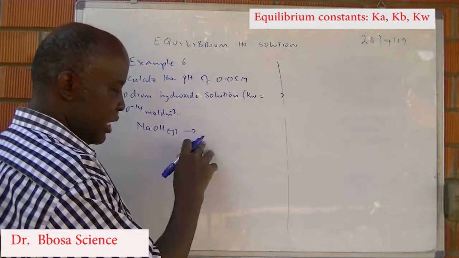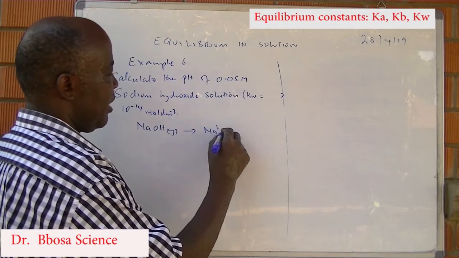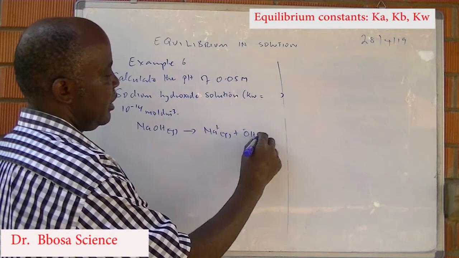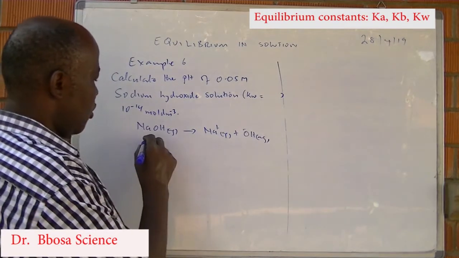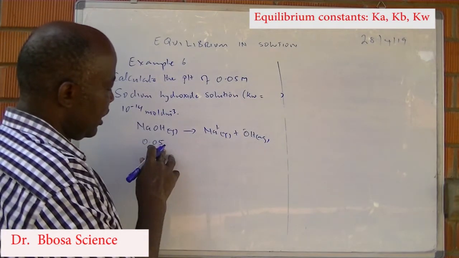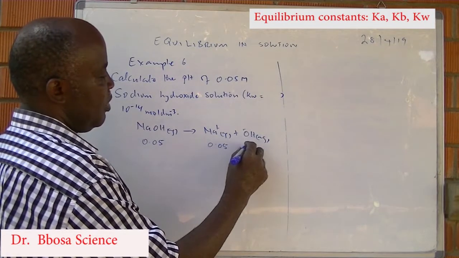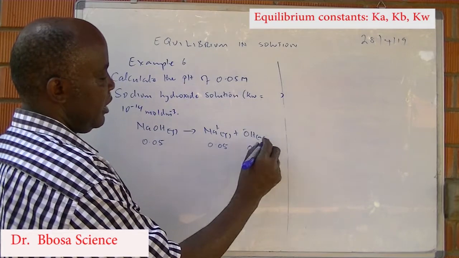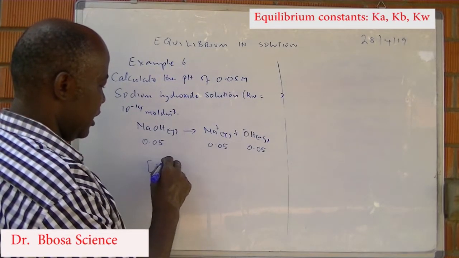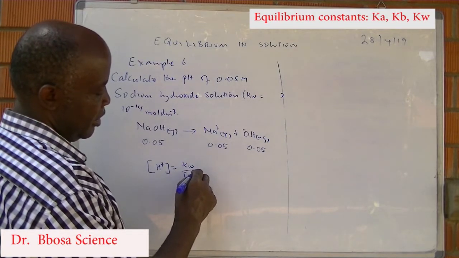Therefore, it ionizes completely, not reversibly, in water to form sodium ions, aqueous, plus hydroxide ions, aqueous. So since it ionizes completely, the concentration of sodium hydroxide will be the concentration of sodium ions and the concentration of hydroxide ions.